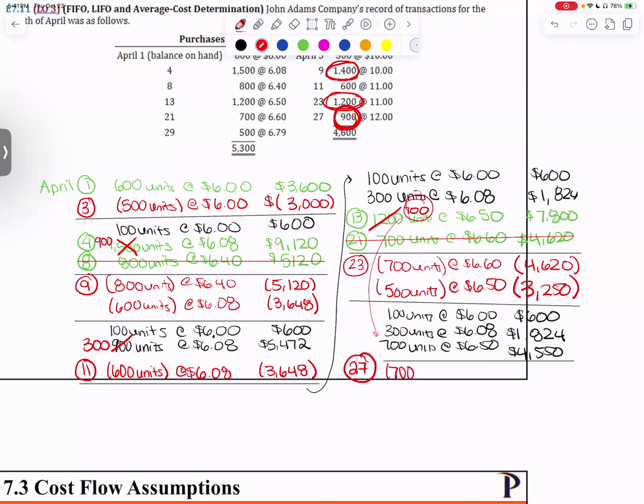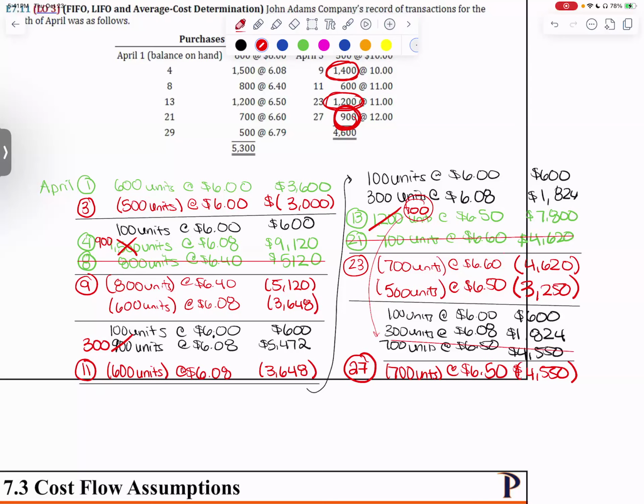So we'll subtract 700 units at $6.50, and that'll give us a cost of goods sold of 4,550. And then we need another 200 units.